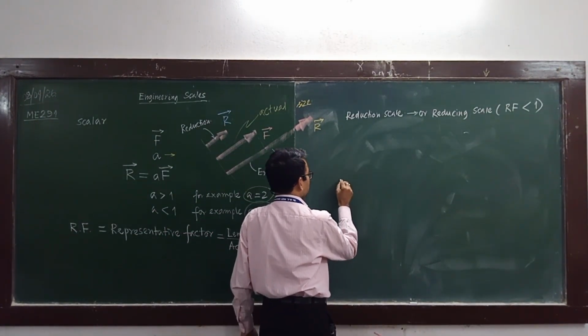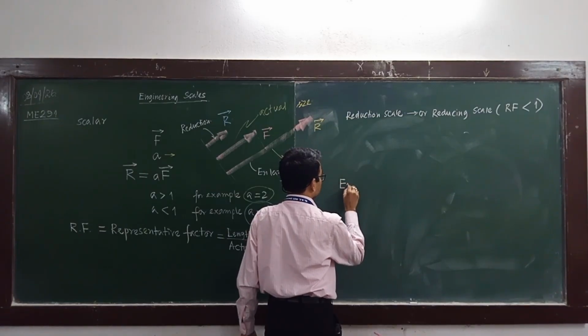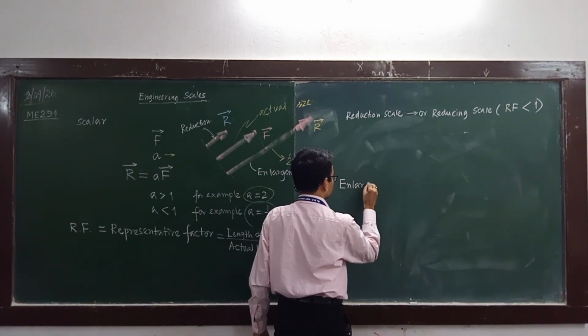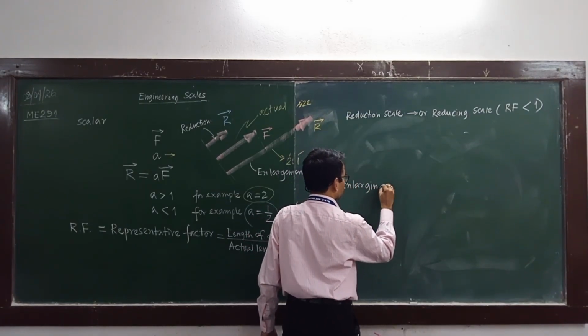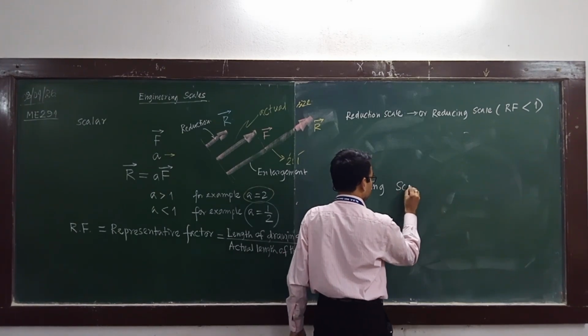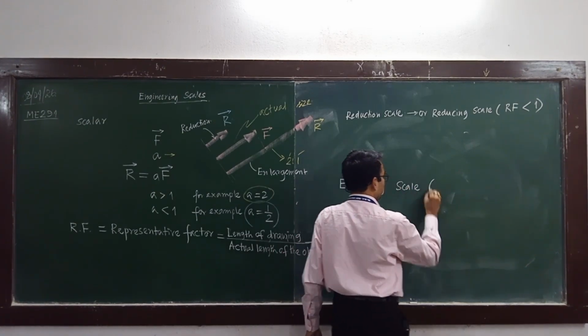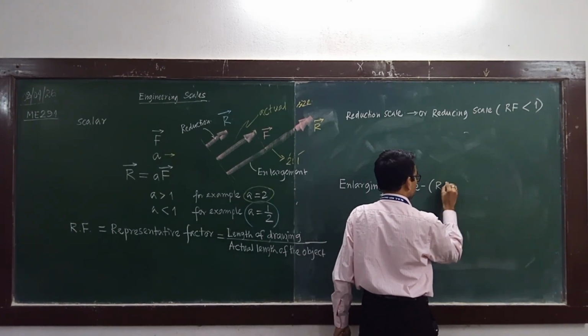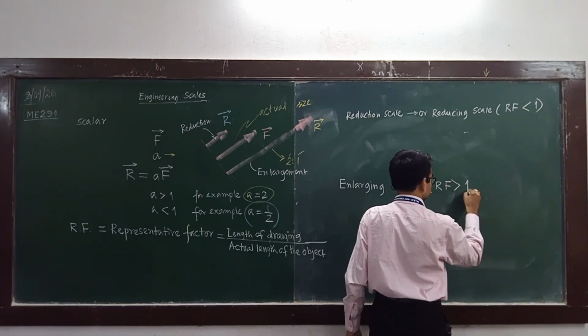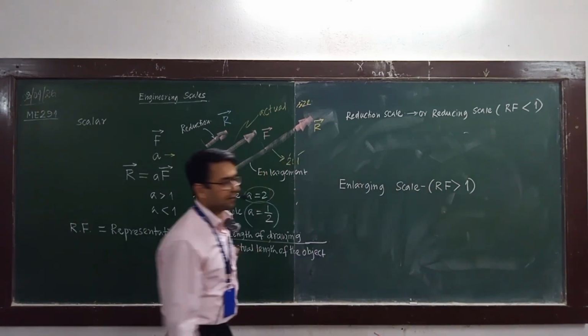And one is the enlarging scale, where RF is more than 1. Okay.